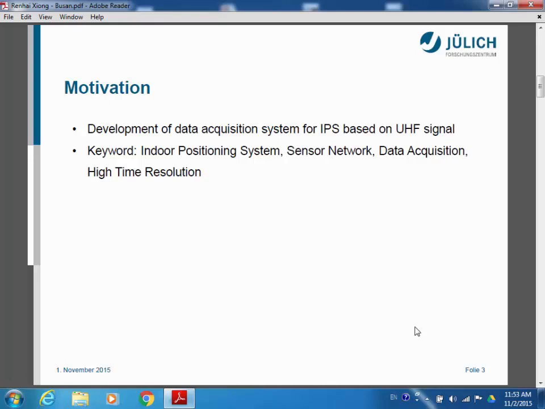So it is quite a challenging task, and to achieve that, we have to extract the exact high accuracy time resolution, and this can be done by a stretch module. I will discuss that later.